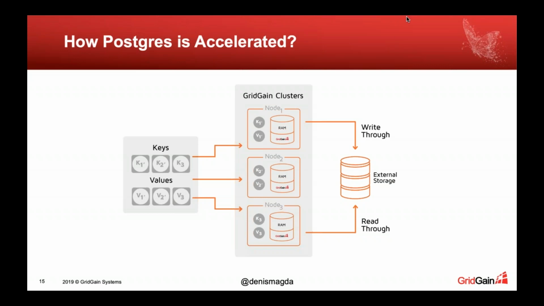Your data can be sharded, and you can exploit all the disk space available to you. There are some other required operations for scalability, but overall that's a good scalable solution based on disk. With Ignite and GridGain, the concept of partitioning and sharding is pretty much the same as with PostgreSQL. The only difference is that you do this right in memory. If you have terabytes or gigabytes of RAM, you can use all that RAM space to make your performance much faster and to reduce your access latency significantly.